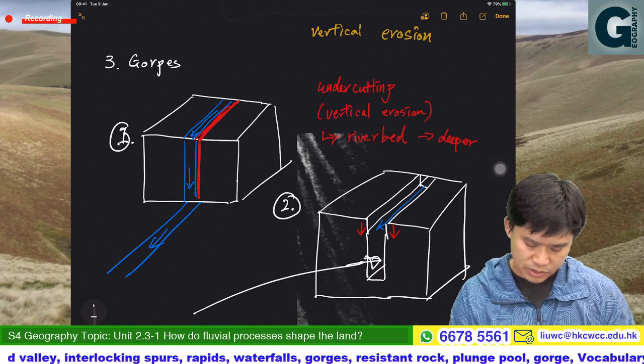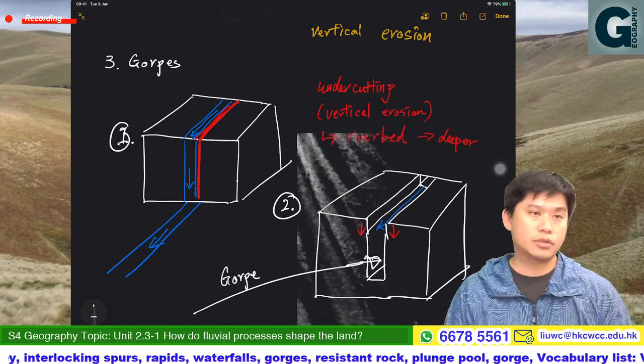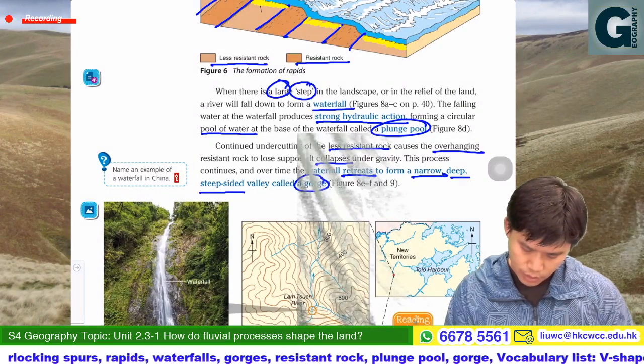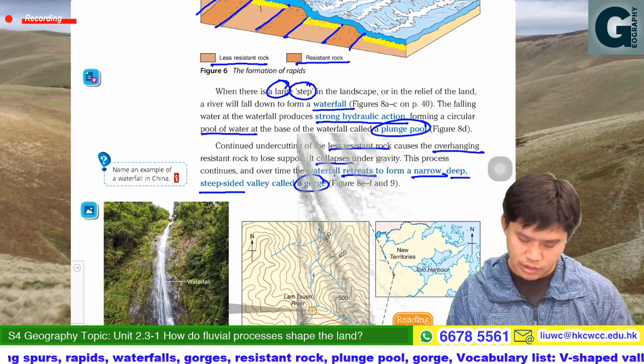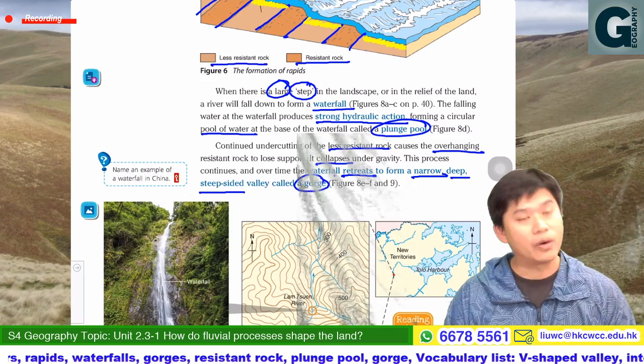And this is what we call a gorge. So over time, the waterfall retreats to form a narrow, deep, steep-sided valley called a gorge.